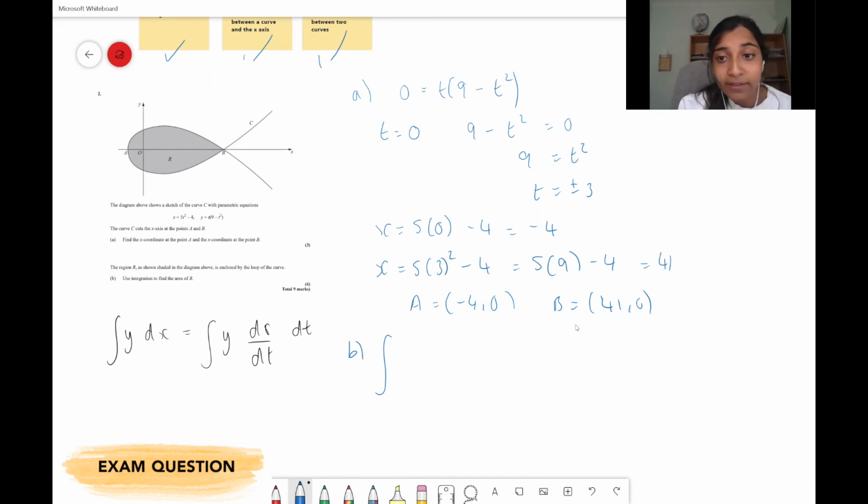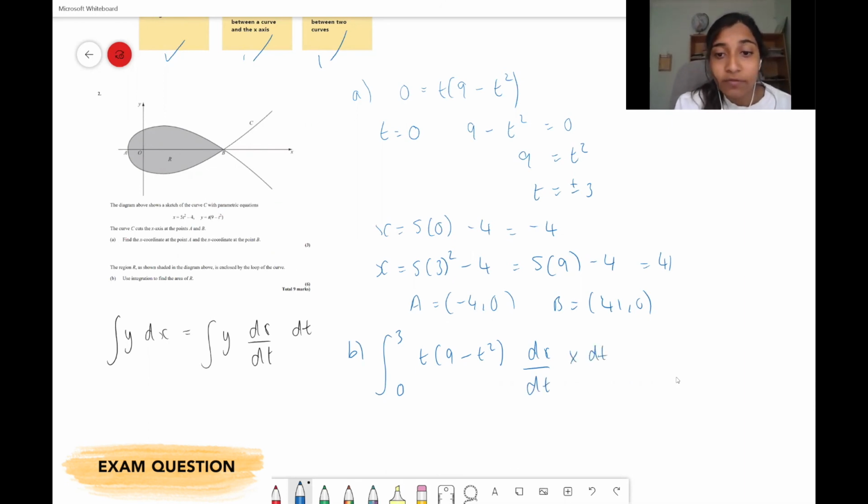So our t values between B and A, that's just 3 and 0, of our y, which is just t times 9 minus t squared, and we want to do dx over dt times dt.